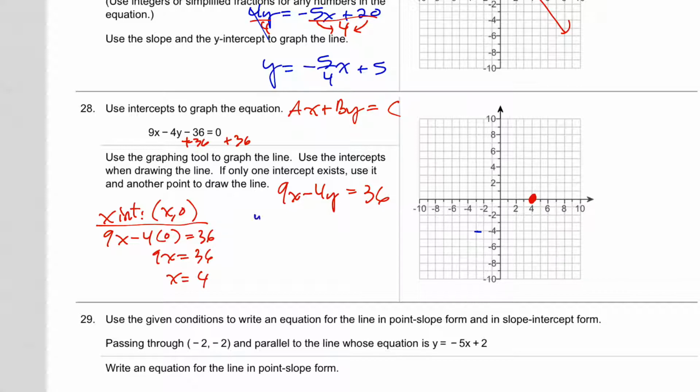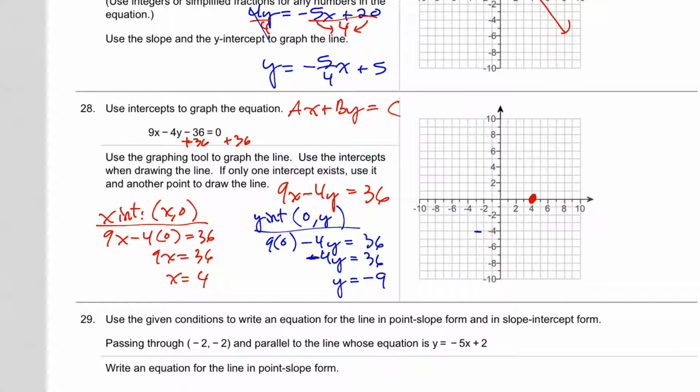And then I can do the y-intercept and say, okay, what if x is 0 instead of the y? Well, that's going to make that term disappear, leaving you with the y term. You just divide 36 by b and get negative 9.